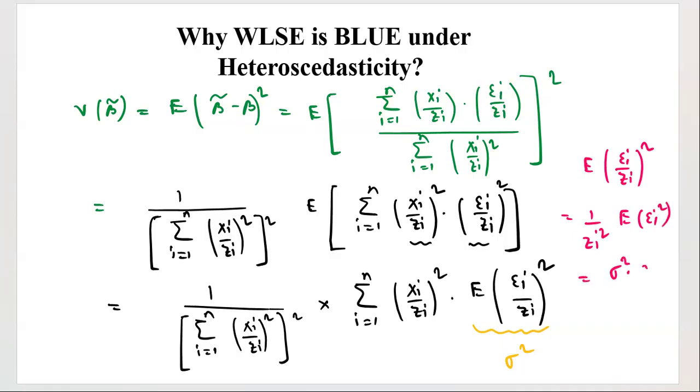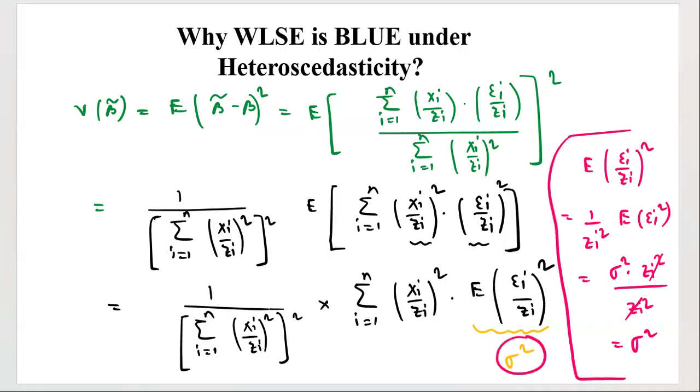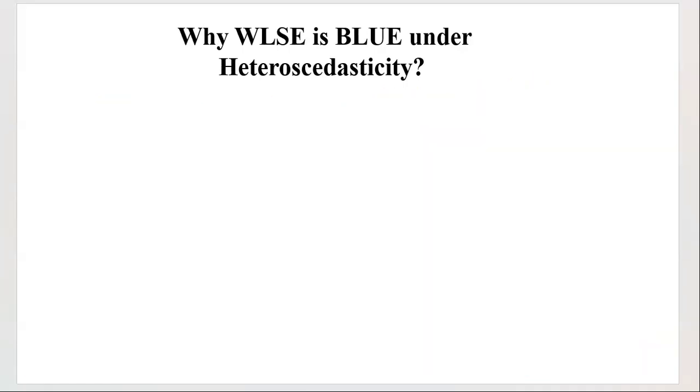So this will be sigma square zi square upon zi square. So this cancels out, and it will be only sigma square. And that is what I have written here. Let us go to the next page.